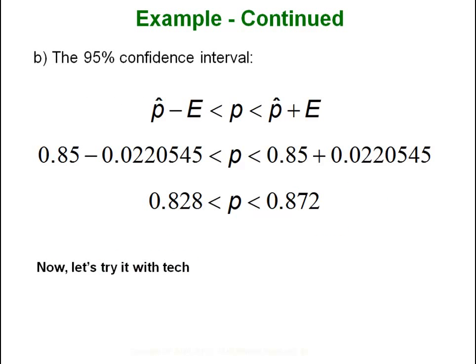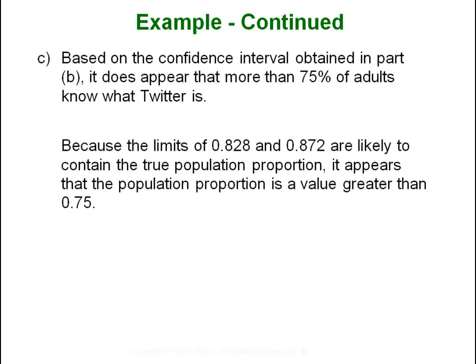So we did the work. We got our confidence interval of 0.828 to 0.872. So can we be confident that more than 75% of adults know what Twitter is? Well, we can be 95% confident that more than 75% know, because 75% is below our entire interval, right?